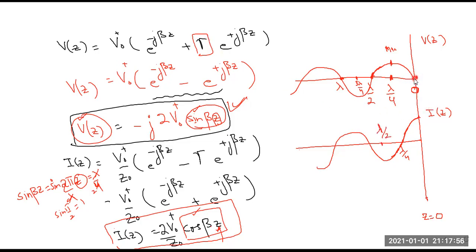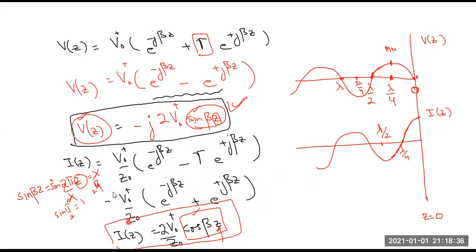When voltage is minimum, current is maximum. When voltage is maximum, current is minimum. And then this is repeating itself. But there is a 90-degree phase difference between voltage and current, which makes sense because voltage is behaving as a sine function and current is behaving as a cosine function, and we already know that sine and cosine have a 90-degree phase difference. This behavior is being reflected in the behavior of current and voltage.